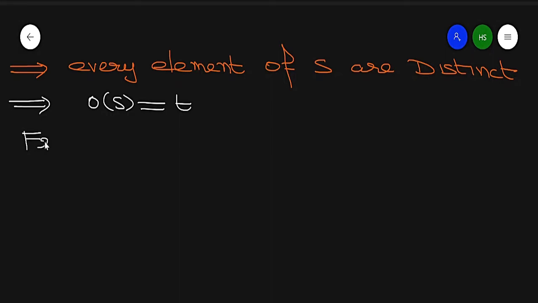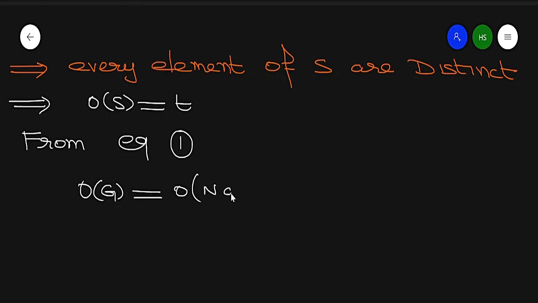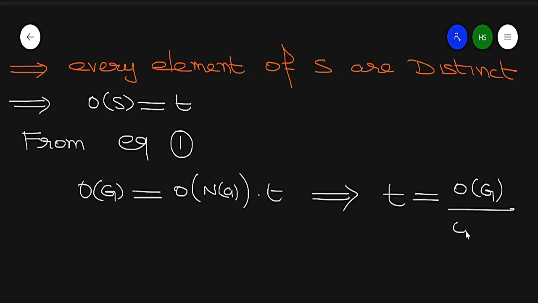Also from equation number 1, what is the order of G? The order of G is equal to the order of the normalizer of A times T. So again we get T is equal to the order of G over the order of N(A).